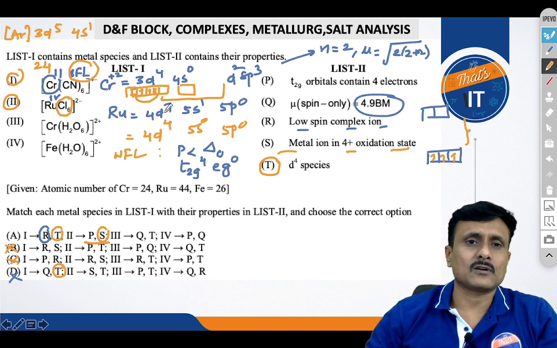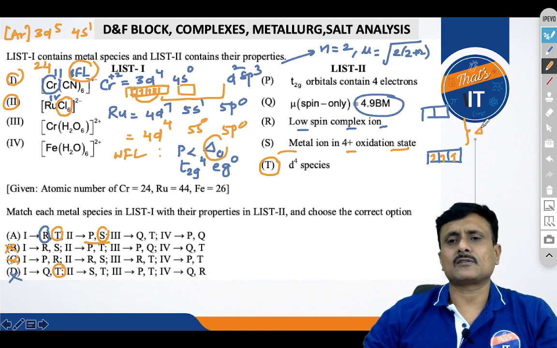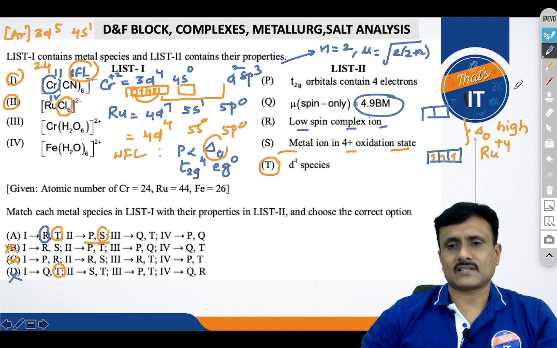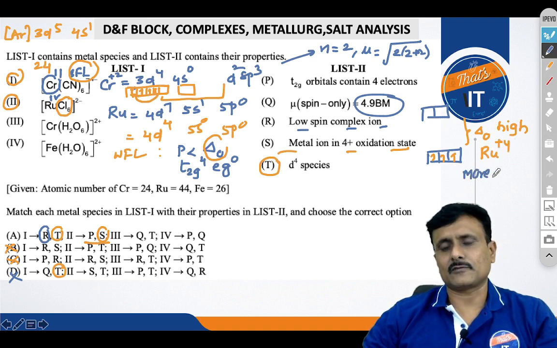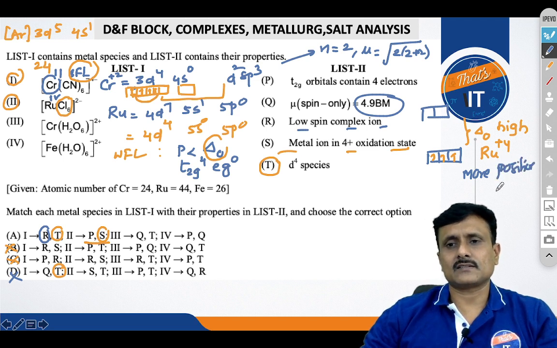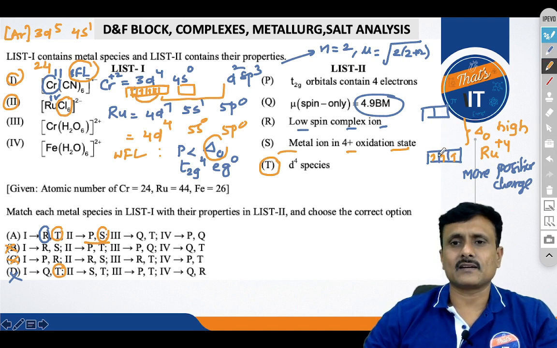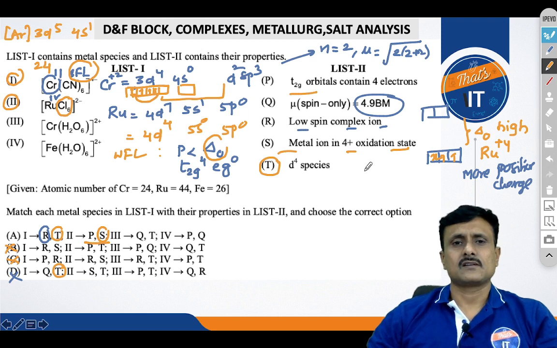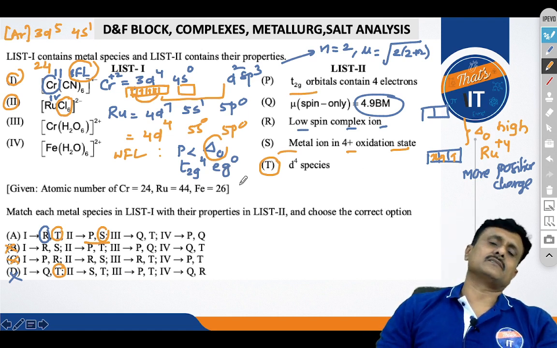However, please understand this point very clearly, that this delta naught value is high for the reason that it has more positive charge. This is one of the important aspects of complexes. More positive charge is making this delta naught split a lot, and then pairing had taken place. So the electronic configuration is t2g4 and eg0.